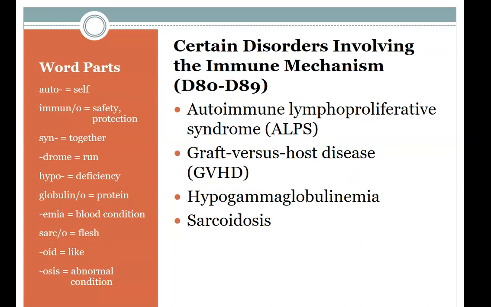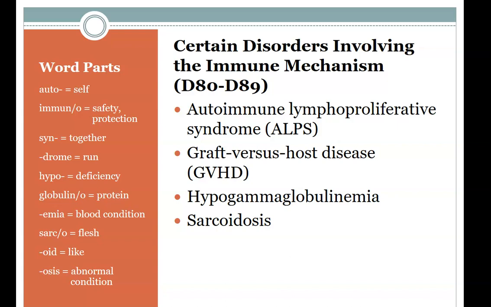Certain disorders involving the immune mechanism. Autoimmune lymphoproliferative syndrome, ALPS, is an inherited disorder of the immune system with unusually high numbers of lymphocytes that accumulate in the lymph nodes, liver, and spleen.